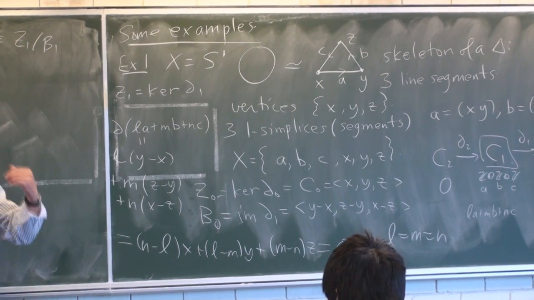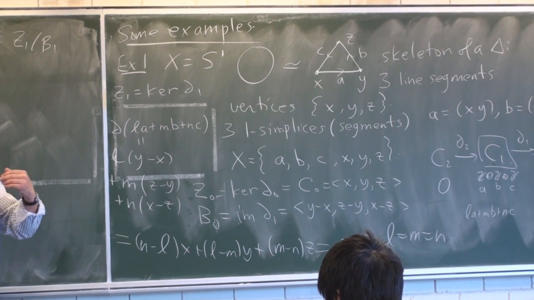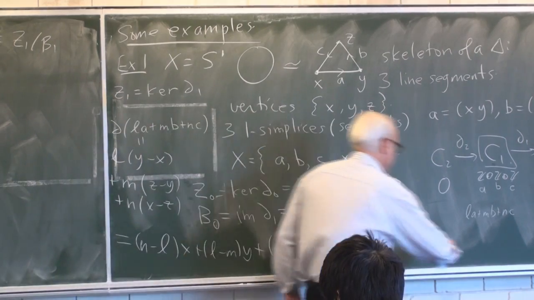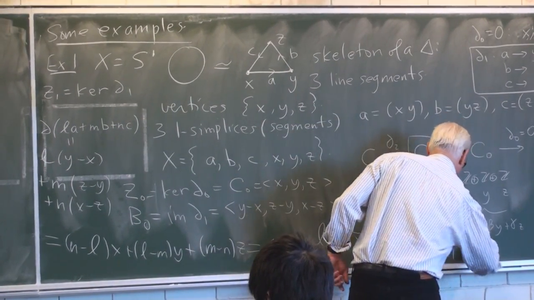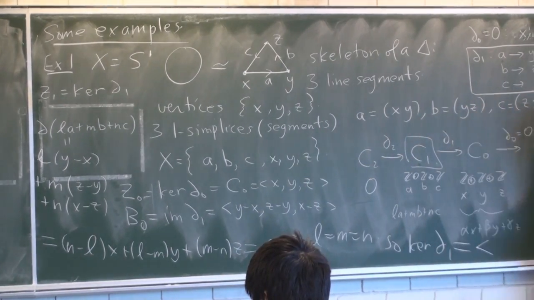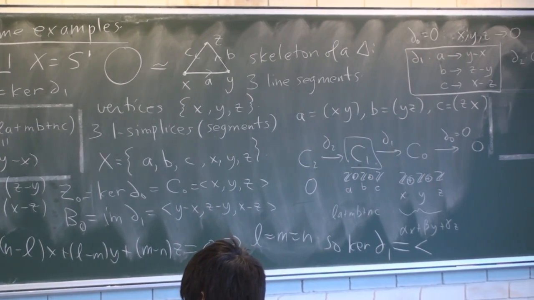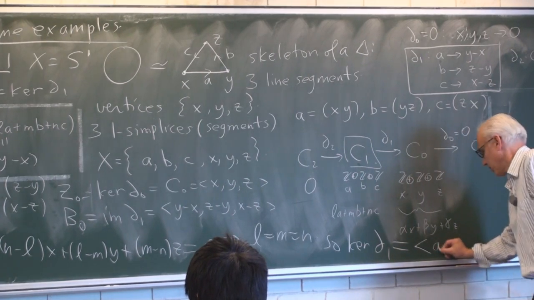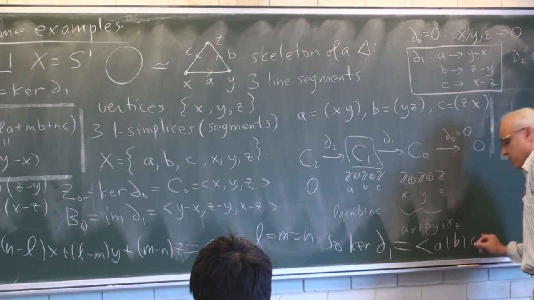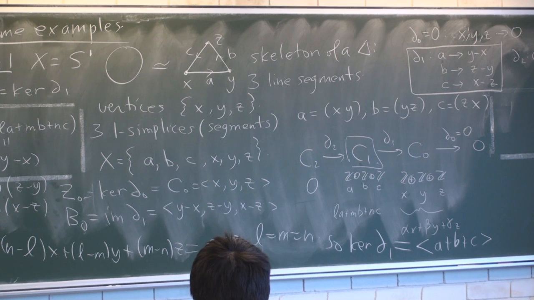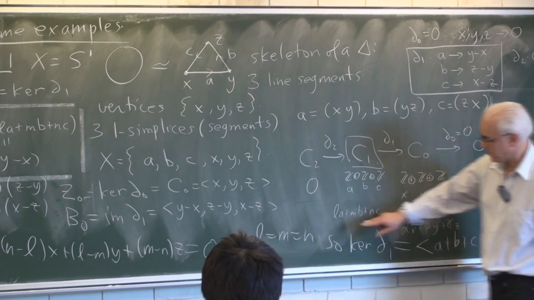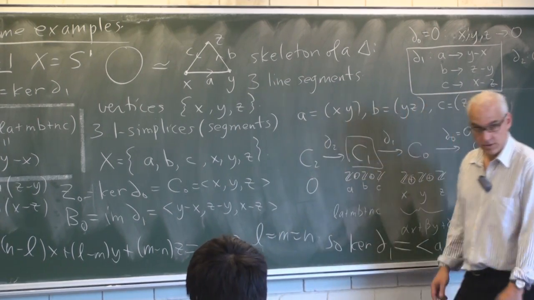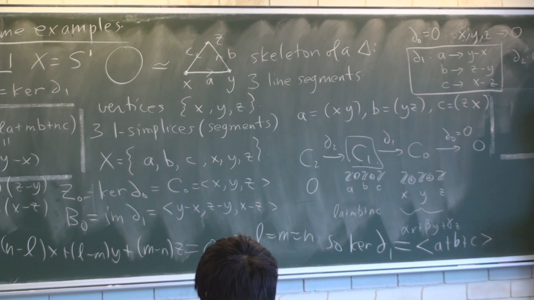And that's telling us that the kernel of del 1 equals all multiples of A plus B plus C. A plus B plus C satisfies this condition. All the coefficients are equal, and all the multiples of this satisfy that condition.